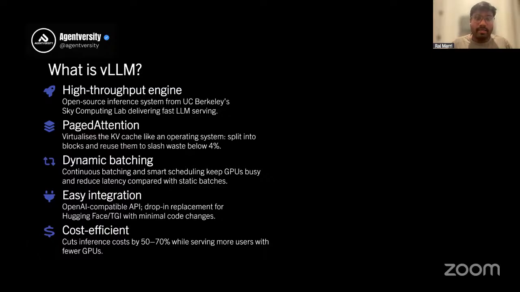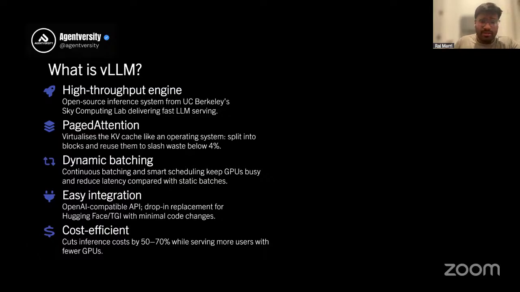So what they do is divide the KV cache into different blocks, so that when one block is done, those blocks can be used again for a new request. That is one of the advantages we have with vLLM. It's a huge feature that can help in managing the KV cache.